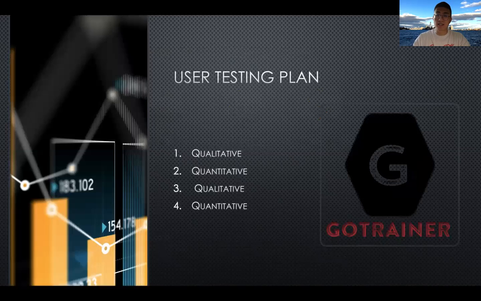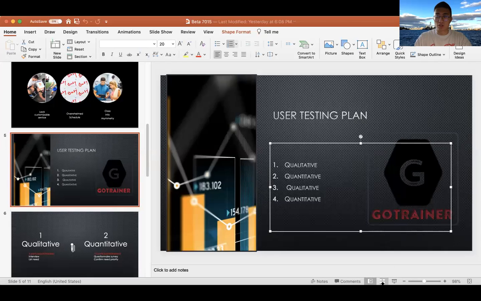The user testing plan has 4 parts, but before we go to the user testing, I'm gonna show you the app, sharing the simulator. It takes a while. Give me 1 second.